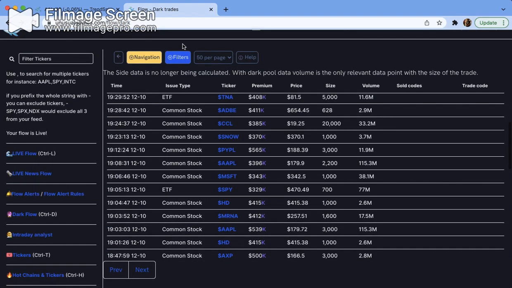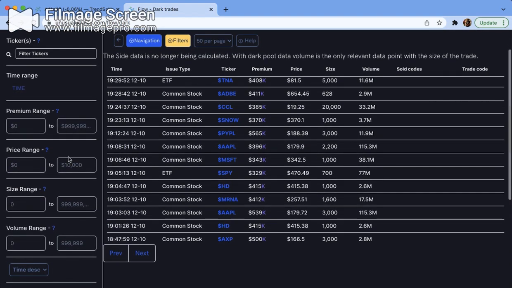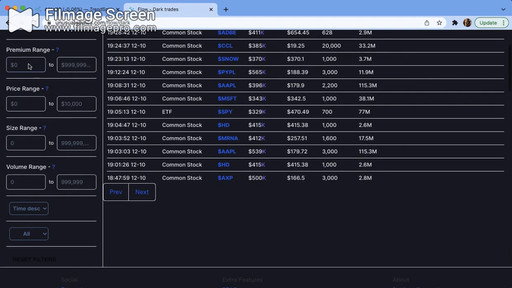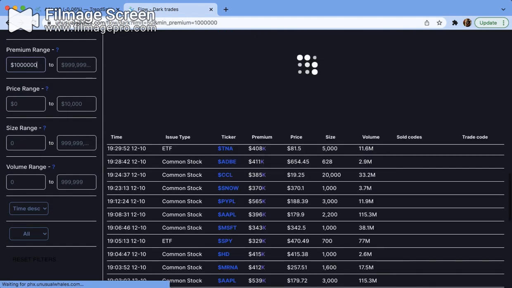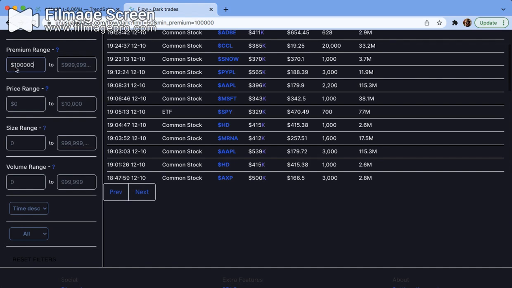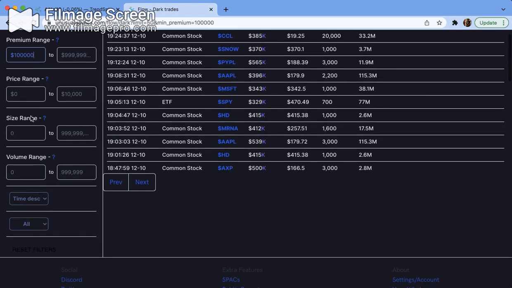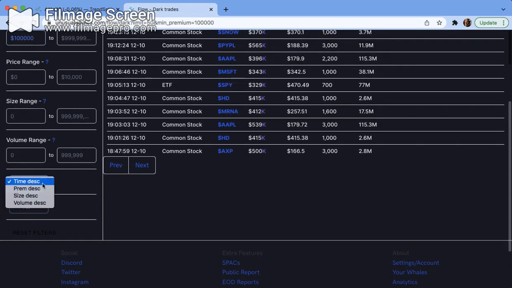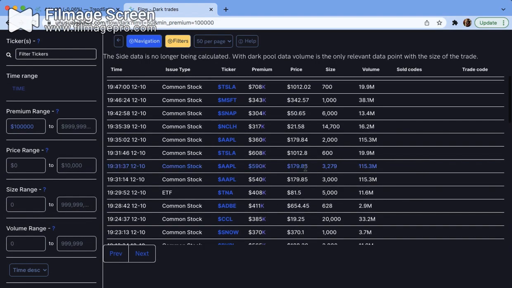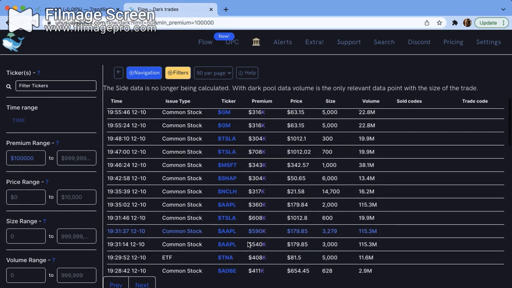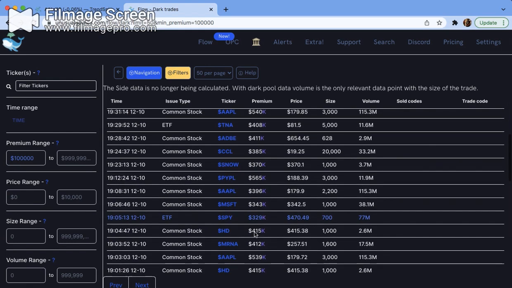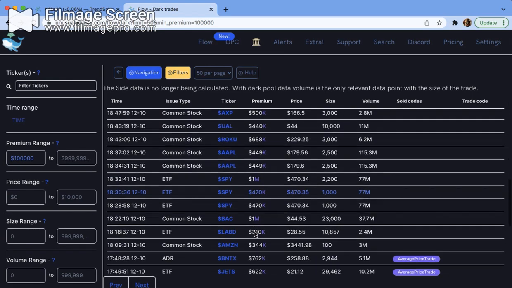And then I ended up actually doing some filters here. Premium range over 100,000, right? Volume size, cool. Time descending, cool. And then I was looking through, we get the GMs, all this stuff.